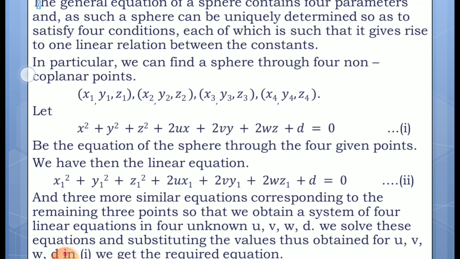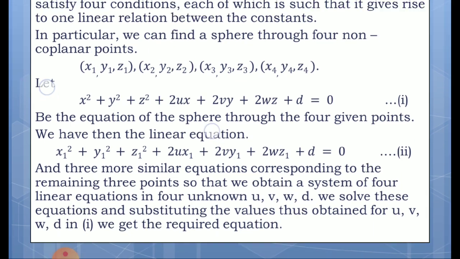We solve these equations and substitute the values obtained of u, v, w in equation 1 and we get the required equation. This is the method of obtaining the equation of a sphere passing through 4 points.